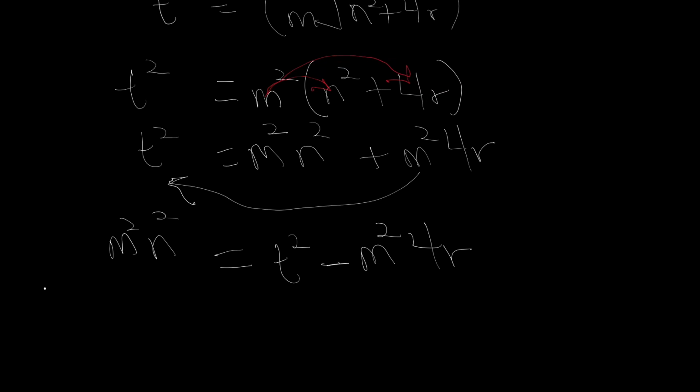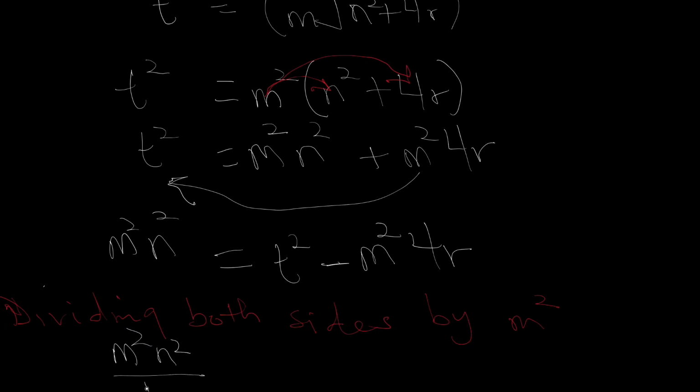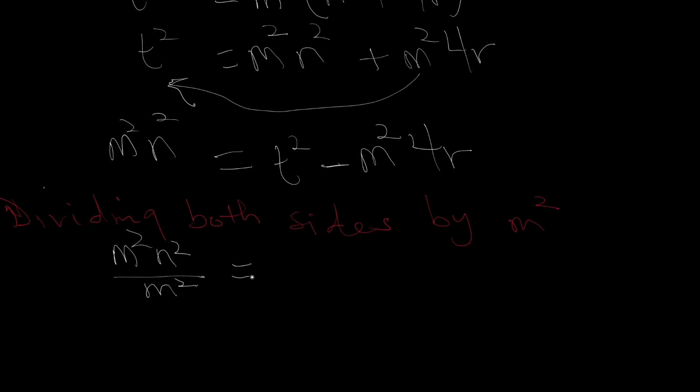So dividing both sides by m squared, we have m squared n squared all over m squared is equal to t squared minus 4r m squared all over m squared.